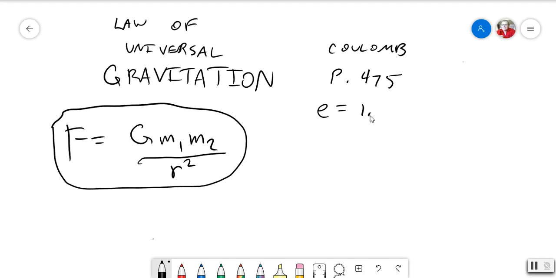Lowercase e is 1.60 times 10 to the negative 19th power coulombs, capital C for Coulomb. So if you had 1.6 times 10 to the positive 19th power electrons, that would be 1 Coulomb of charge. But I'm not too worried about that at this moment. What I'm interested in is Coulomb's law.